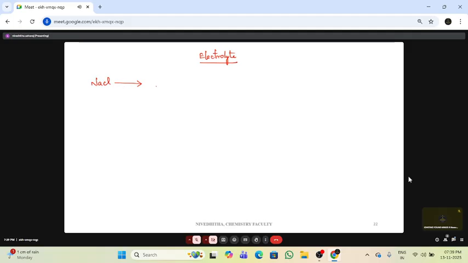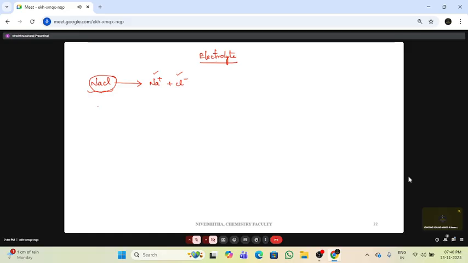So this NaCl will get dissociated into Na plus and Cl minus, right? So if you take a chemical compound and dissolve it in any aqueous medium, and it gets dissociated into cation and anion, then this chemical compound is called an electrolyte.